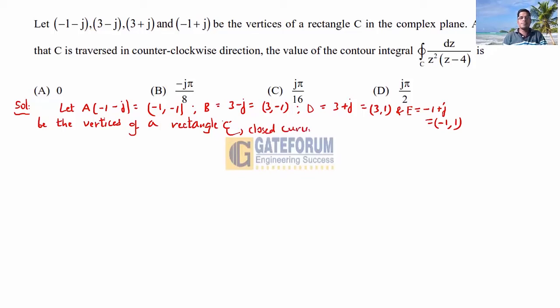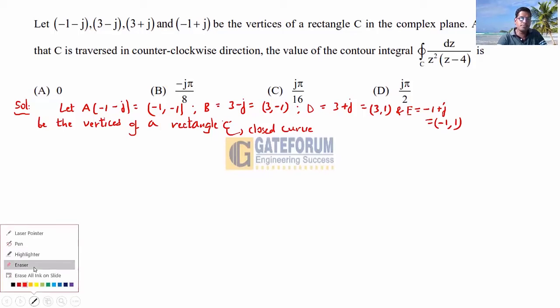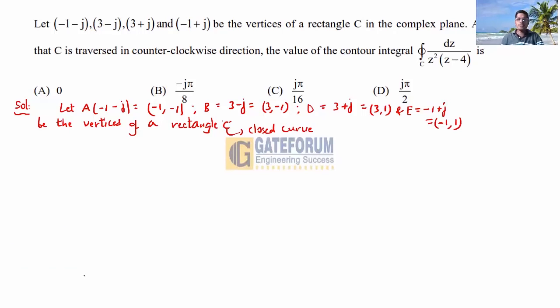Now the diagram. So x minimum is minus 1, maximum is 3.